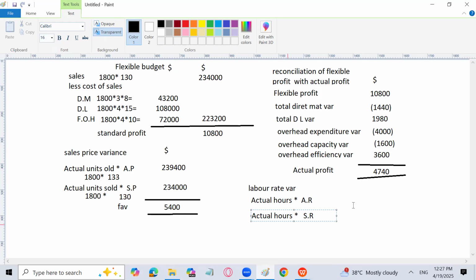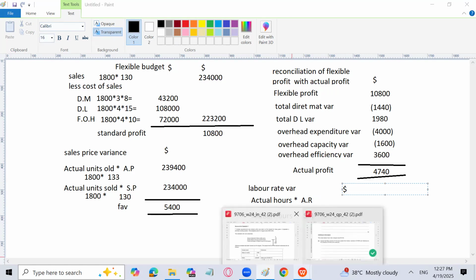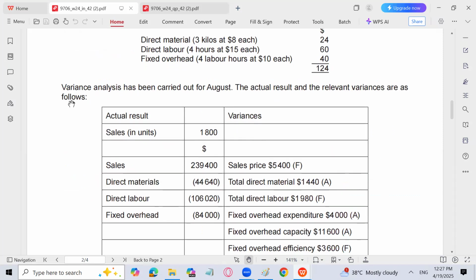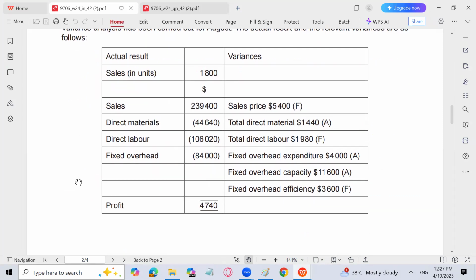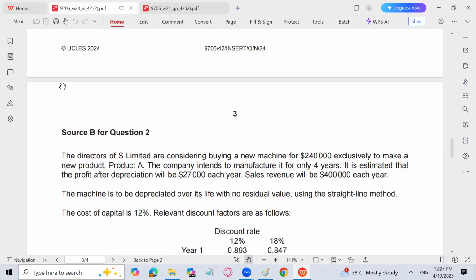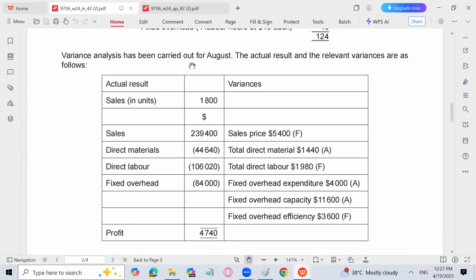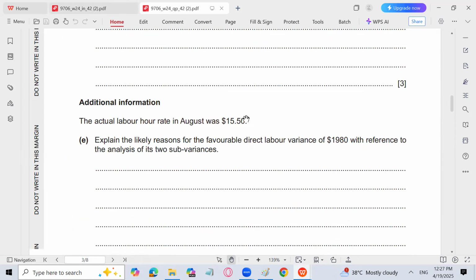So actual hours given in the question. Let's see, either we have an idea about that. Yeah, we can calculate that. 106,020 is going to be the actual labor cost, and he has clearly stated that the actual rate per hour is 15.5.